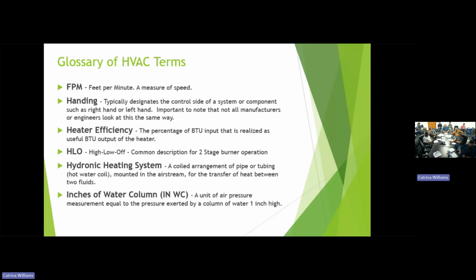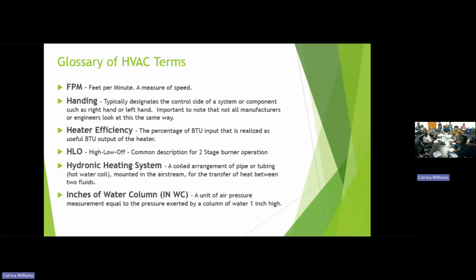On an indirect fire, you've got a stack, so you're exhausting part of it outside. Our typical units are 80% efficient. So if you've got 1,000,000 BTU input going in, you're only going to get 800,000 output. The rest goes out the stack and outside. So that's how we figure heater efficiency: what you have going in and what you're taking advantage of as far as the output.